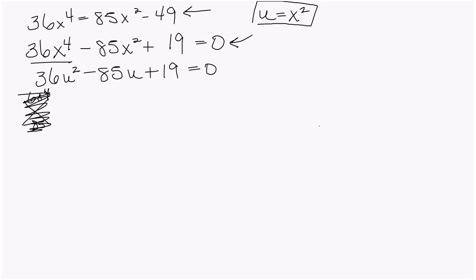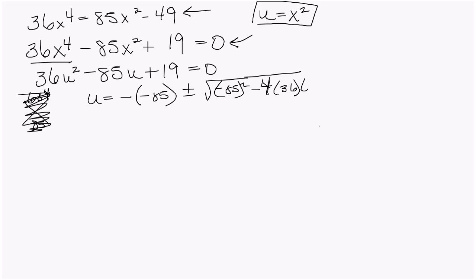I'm going to use the quadratic formula. And when I use the quadratic formula, u is equal to negative b, which is going to be negative 85, plus or minus the square root of negative 85 squared minus 4 times a, a is going to be 36, and c is going to be 49, all over 2 times a, which is 36.